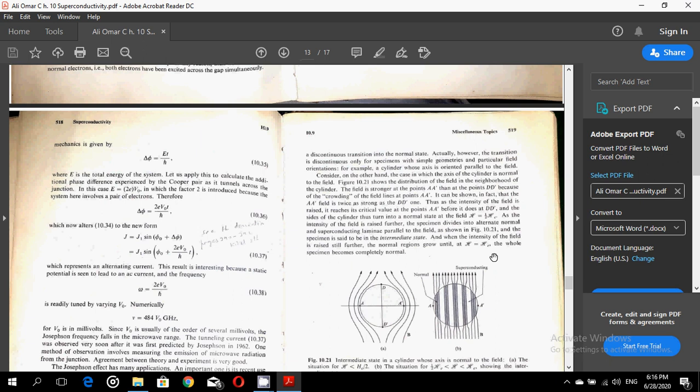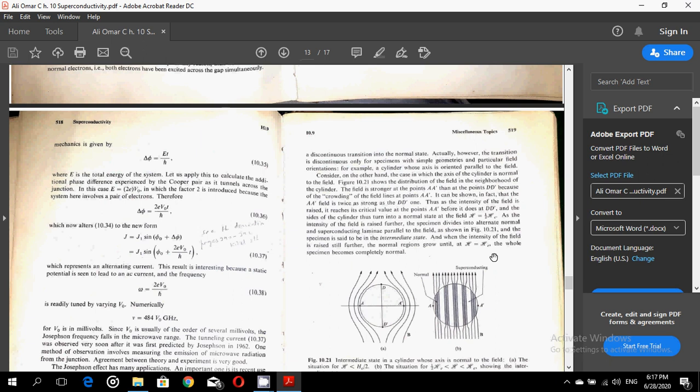So equation 10.37 is in fact the equation of the AC Josephson's effect. So we have a DC Josephson's effect equation represented by the previous equation 10.34, and now we have the AC Josephson's effect described by equation 10.37.